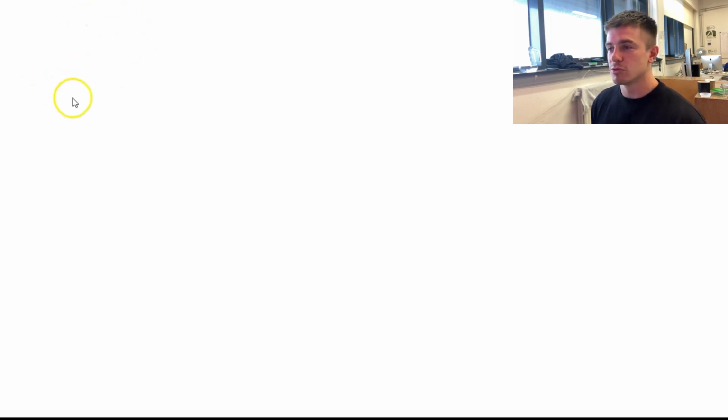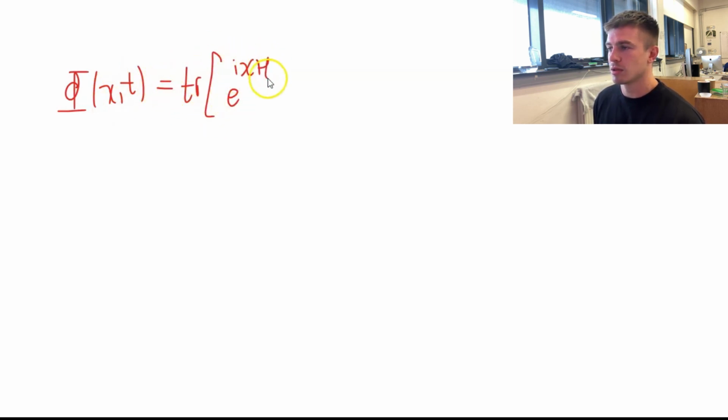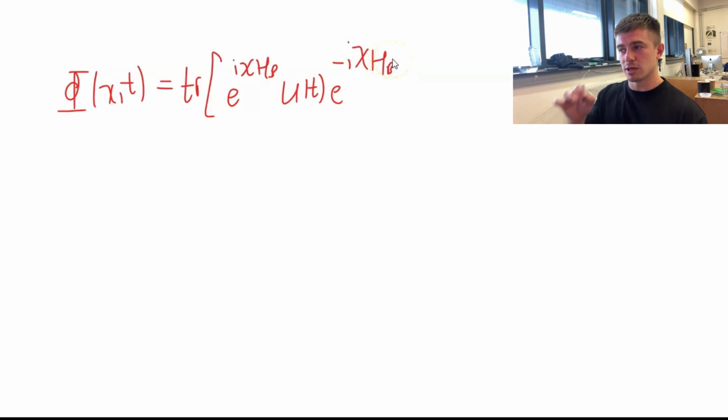Okay, so previously what we did was we found the definition of the characteristic function, which I'll quickly write down. And what this is, if we can remember, is the Fourier transform of the probability distribution of the amount of heat exchanged between our system and environment.